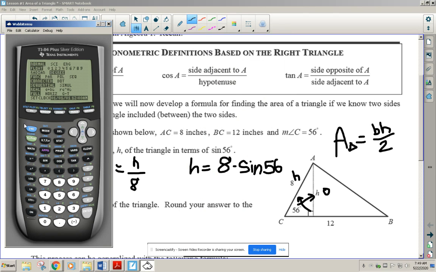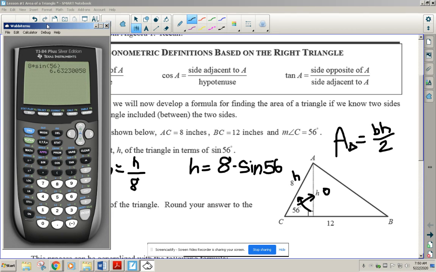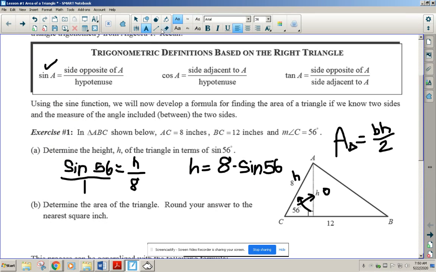So if I now quit out of here and I type in 8 times the sine of 56 degrees, I get 6.632. How do they want me to round this? They don't. So you know what? I can't round this. So here's my height. My height, I'm actually going to type it now because that's too many numbers.